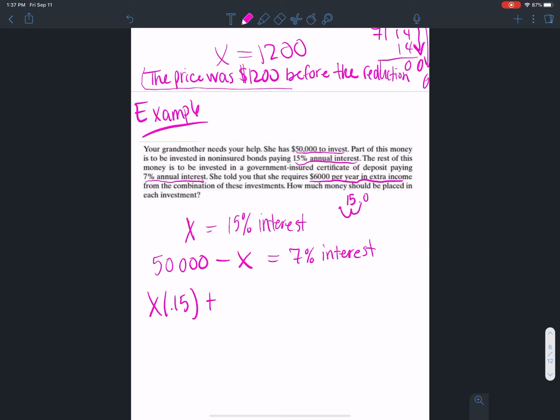All right, plus your 50,000 minus X at 0.07, because remember, 7%. Okay. That's all equal to the $6,000 that she's going to use to live on.